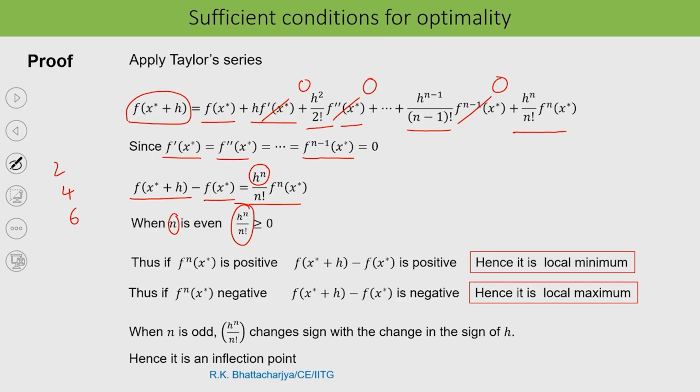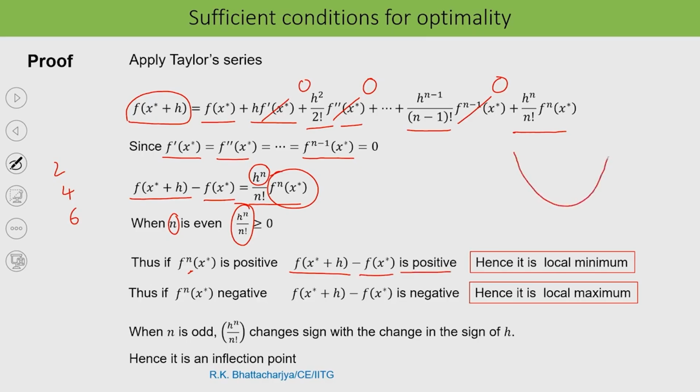So, therefore, if the nth derivative is positive, what does it mean? If this is positive, that means the right hand side is positive. So, in that case f of x star plus h minus f of x star is positive. What does it mean?